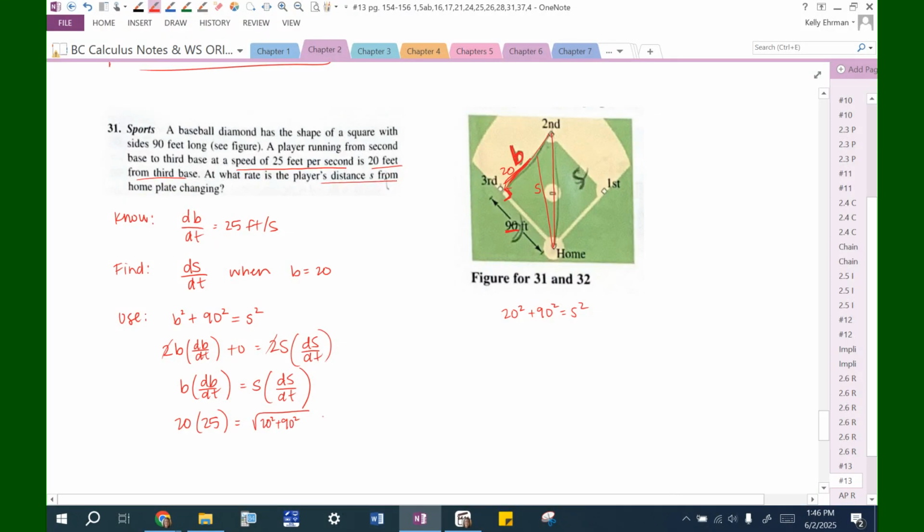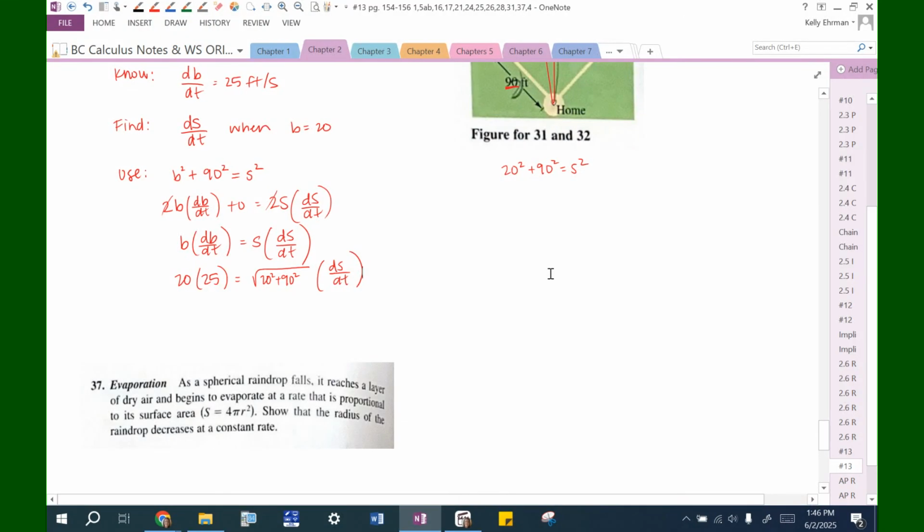I should be able to find that, but if I don't have to simplify and it's June 2nd in the afternoon, I'm not going to. All right, so just divide. 2 times 25 is 50 times 10, so 50 times 10 is 500. There you go. Square root of this, I'm sure this simplifies, but not worried about it. That would be feet per second. That's dS/dt.